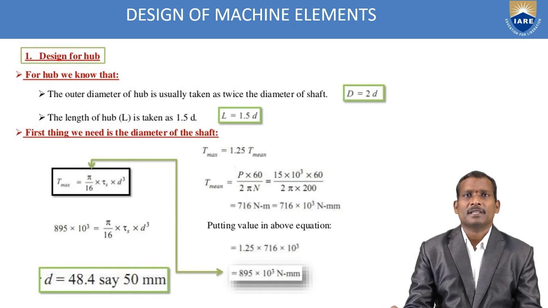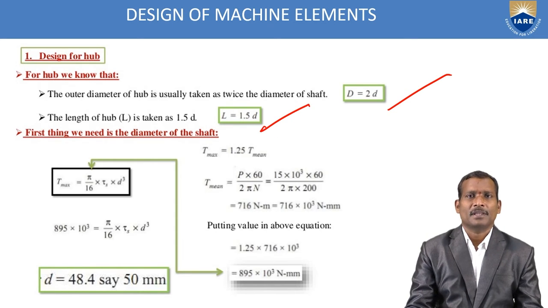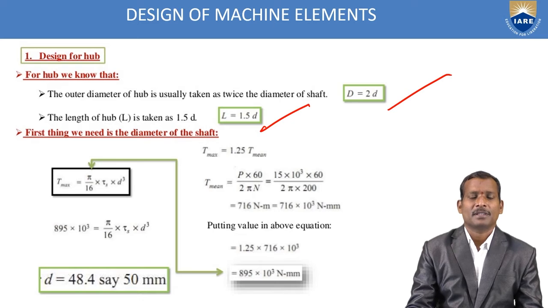First step is design for the hub. As we discussed in the earlier session, the outer diameter of the hub is usually taken as twice the diameter of the shaft, so capital D is equal to 2 times d. The length of the hub is taken as 1.5 times d. First we need the diameter of the shaft.